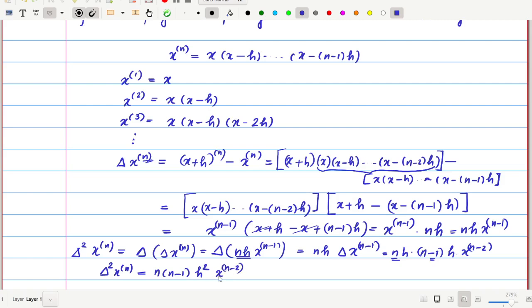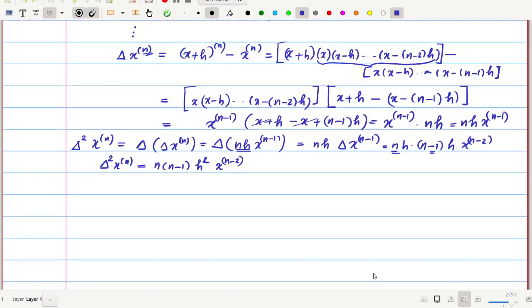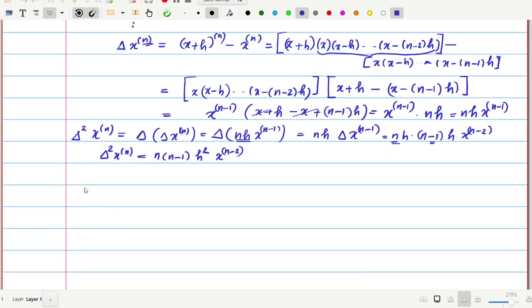Using this recurrence, you can easily write the third order difference of the same factorial polynomial of degree n. That will be delta 3 of x of n, equal to n times n minus 1 and n minus 2, with h cube, times x of n minus 3. If you repeat this process, what will be delta n of x of n?